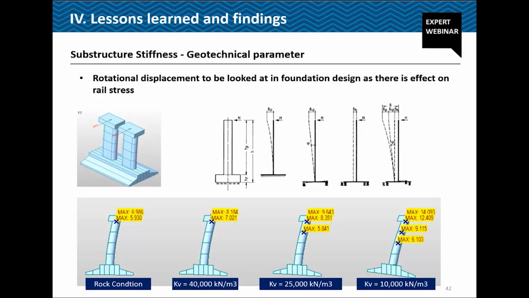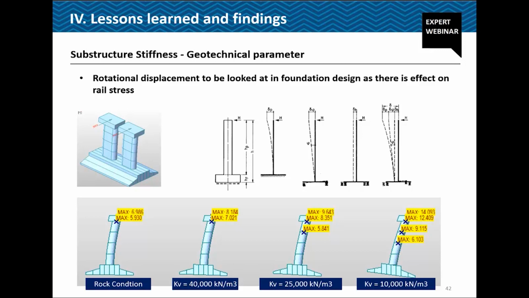And what I observed, because we are modeling the soil spring as well, is that our analysis considers the rail and structure as well as the geotechnical soil condition. In RSA analysis, this substructure stiffness is quite a significant factor, and so we need to look into this stiffness very well.